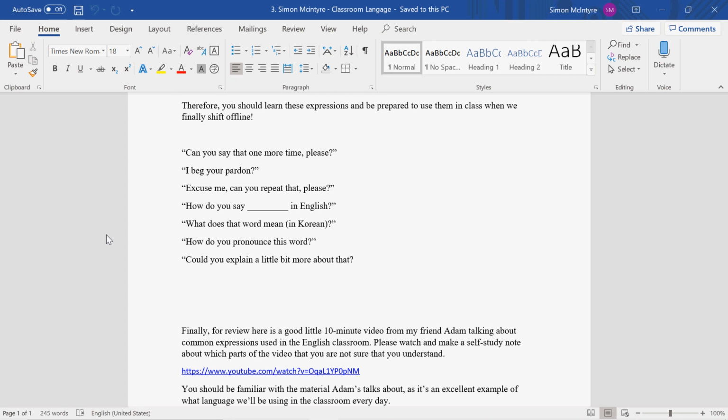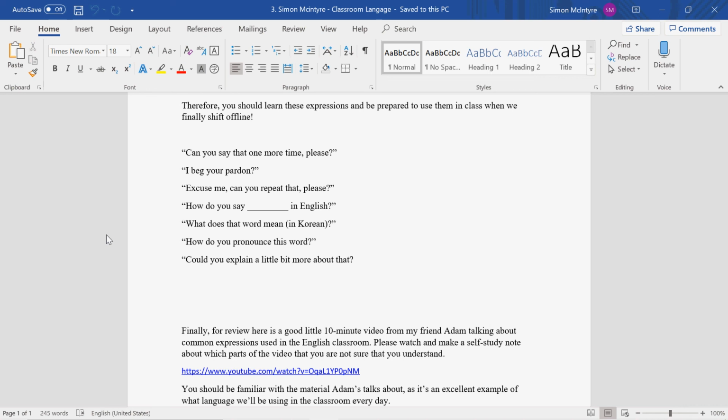What does the word mean in Korean? Right? How do you say 두런영 in English? That is axolotl. And also, because part of the content of our class is reading the textbook and looking at expressions, we will come up with unfamiliar words as we're going along in the textbook.